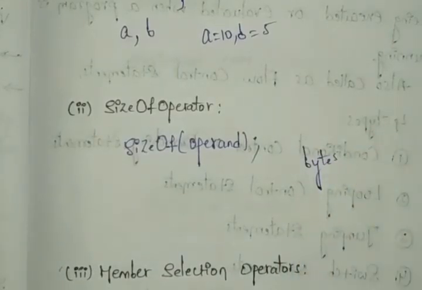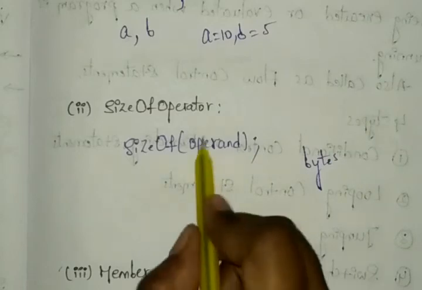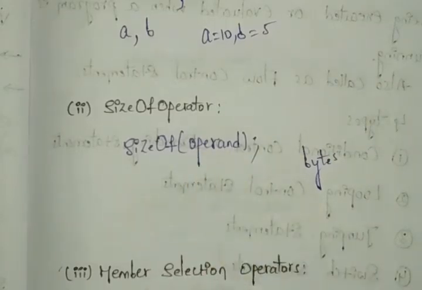Bytes means 1 byte equals 8 bits, right? So whatever you give the operator, it is calculated in bytes format. It may be using some operands, right? This operand may be a variable, or a constant, or a data type qualifier, anything you can choose.